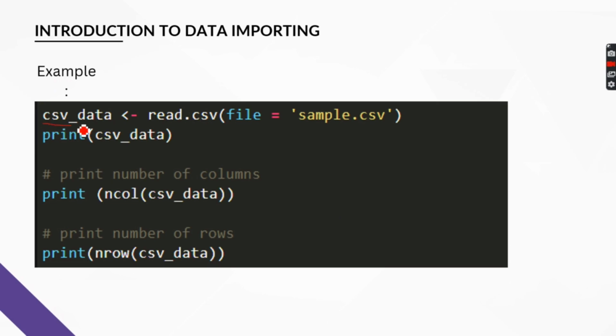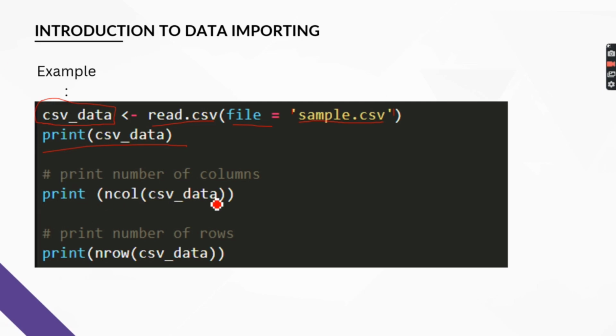We are using csv_data as the variable because data frames need a variable to be saved. Then we are going to use read.csv where file is equal to sample.csv. It is going to be under quotation marks. And now if we print csv_data, we will get the head. Head means 6 by 6, or some already defined number of columns and rows that we will see, the head of the data.